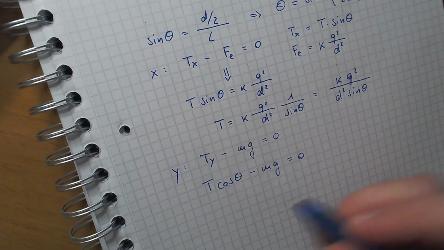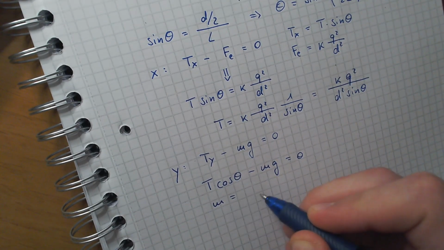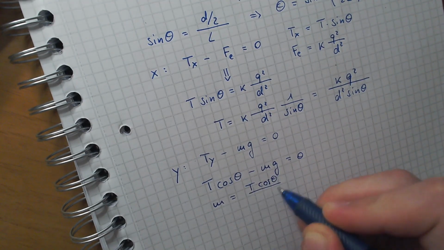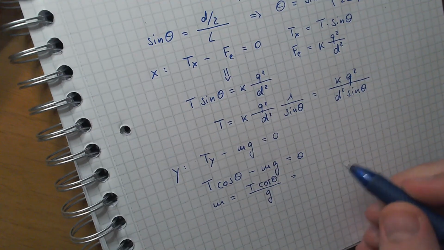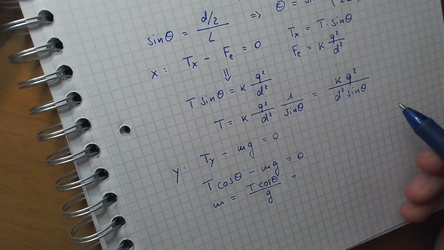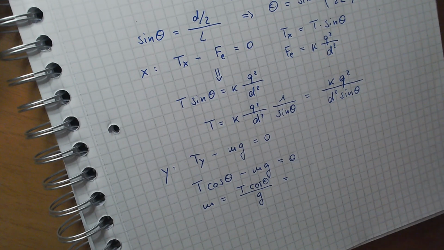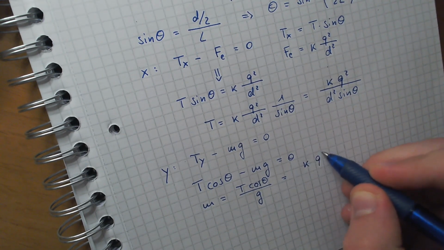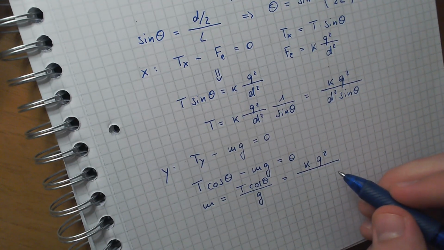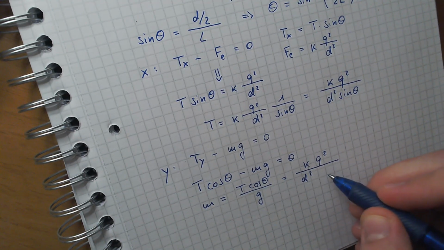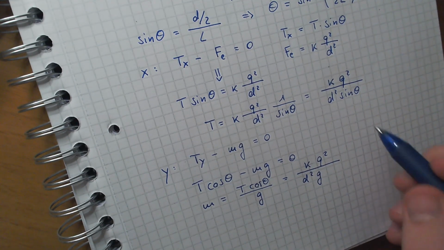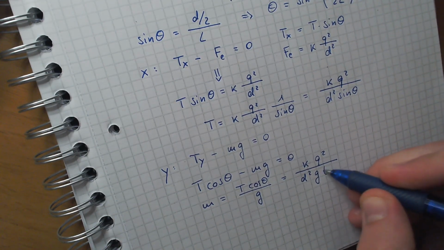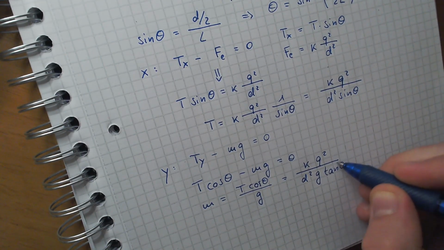From here we can write that m is given by T cosine of theta over g, but we know that T is this one, so we can write that m is given by k q squared over d squared g, and then since we have sine of theta here and cosine of theta here, we would get the tangent of theta.